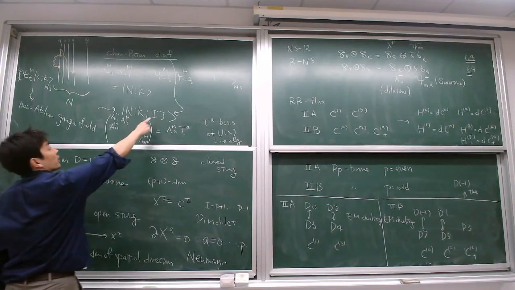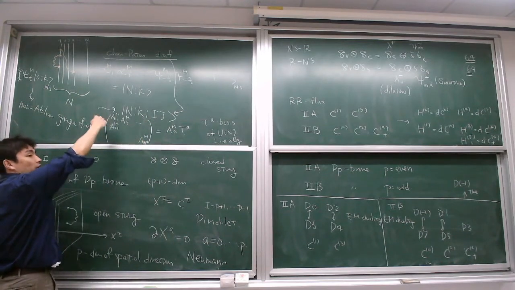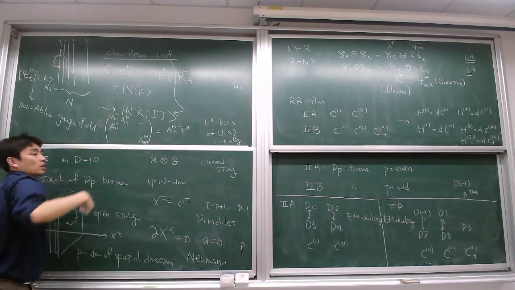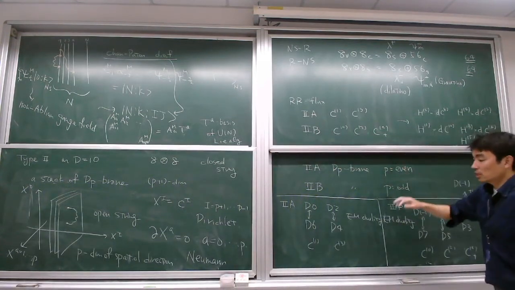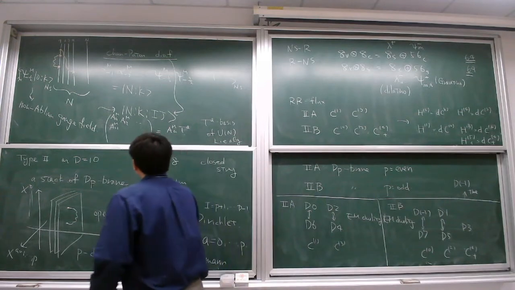So this ij can be understood as the ijth element of this matrix. That's called the Chan-Paton degrees of freedom.